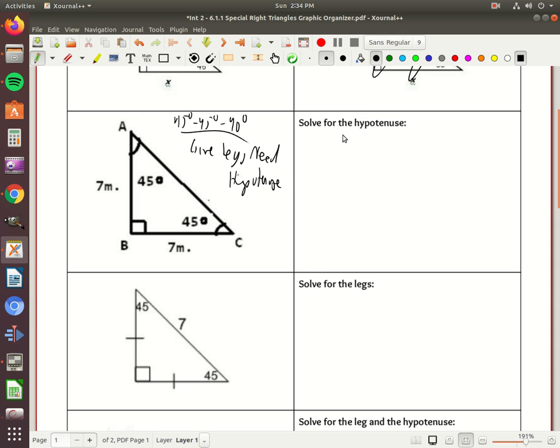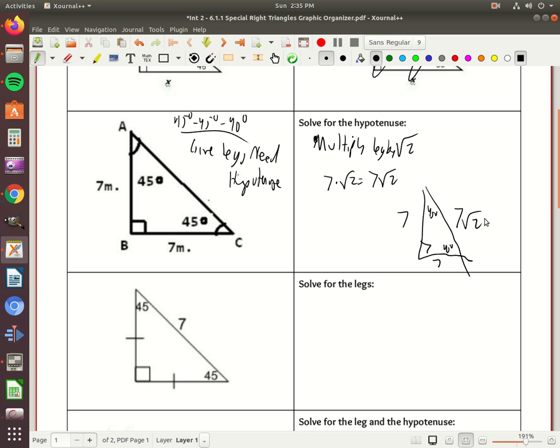So in this situation, when they give me a leg and I want the hypotenuse, I'm going to multiply the leg by the square root of 2. Right? So I'm going to say 7 times the square root of 2 equals 7 square root of 2. Hopefully yours looks a little bit cleaner than mine. But there we go. We already know this.